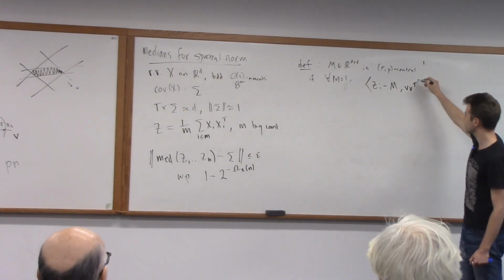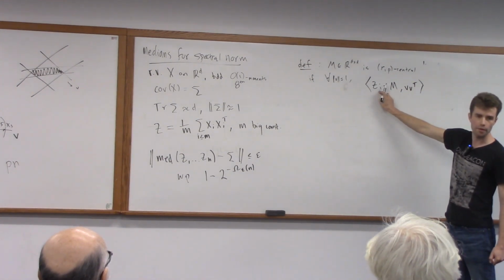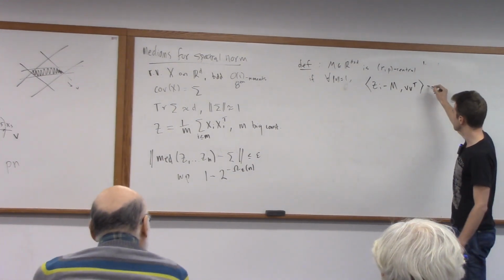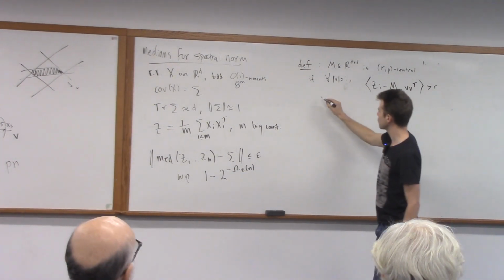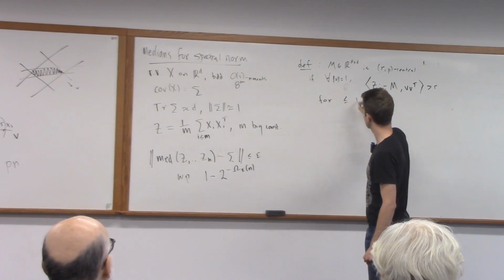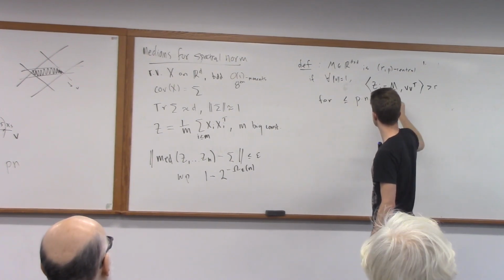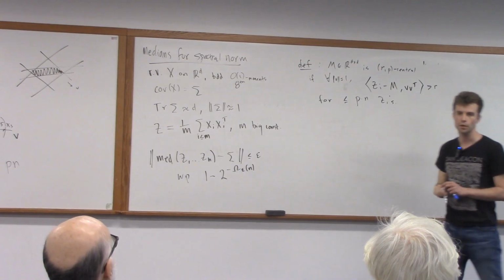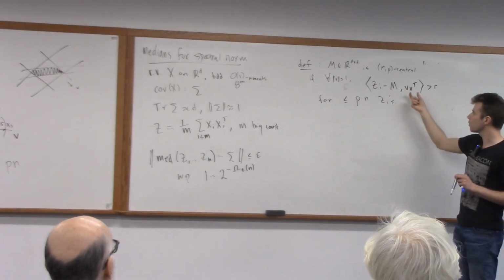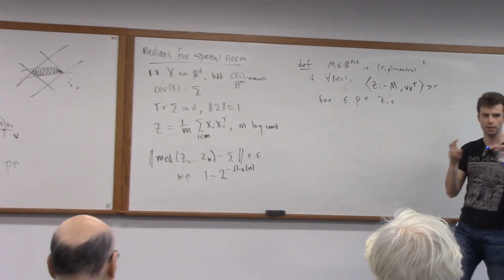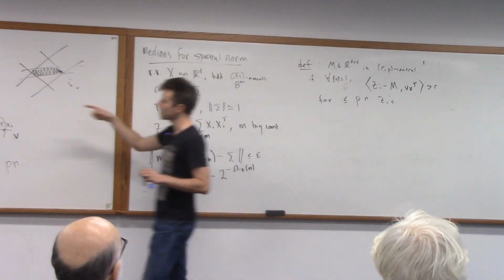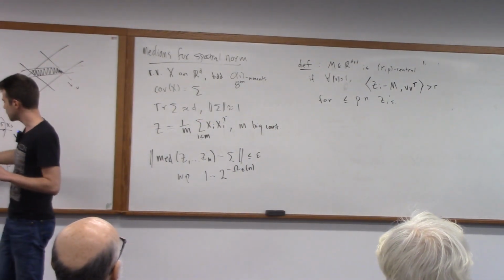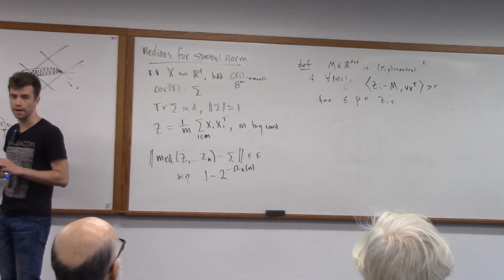This is like the quadratic form of this difference. If this is bigger than R for at most pn zi's. So the only difference from before was the meaning of a unit direction. In this case, the norm was L2, and the meaning of a unit direction is a unit L2 direction.